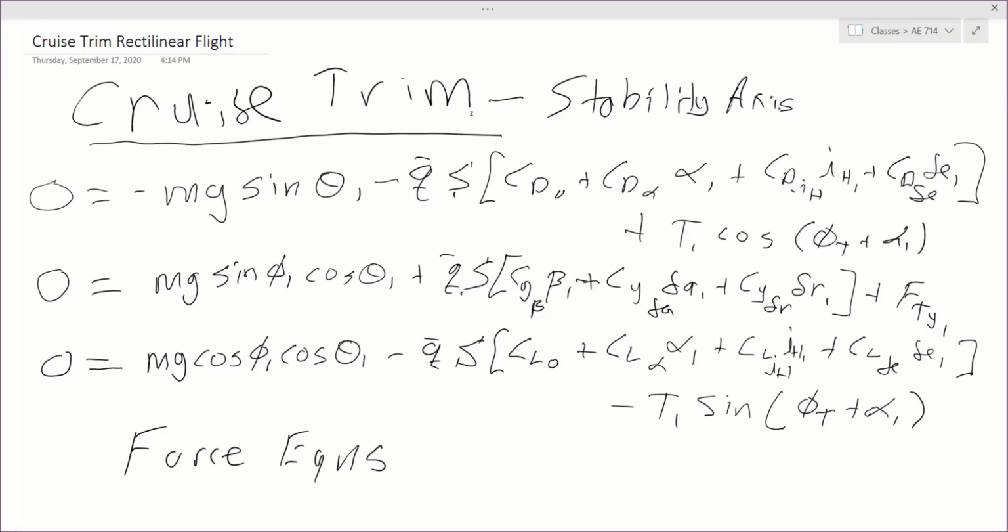That's the incidence angle of the horizontal tail, the setting angle where it's fixed to the airplane, or it can vary if it's an all-moving tail. He asked what IH was.